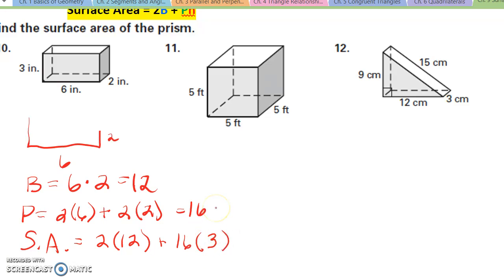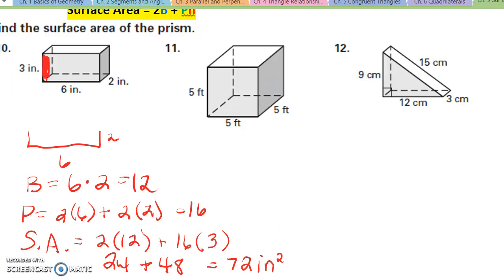And you can see in the picture that this is the distance between the bases. That's how tall the prism is. So 24 plus 48, and that's equal to 72. And then remember, area units are always squared, inches squared.